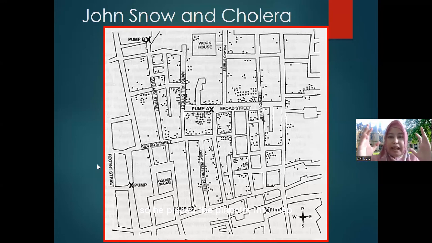So he placed the pinpoints onto a map, like a spatial epidemiology map, that described the cases of cholera at the time in London, and also put the location of the water pumps.